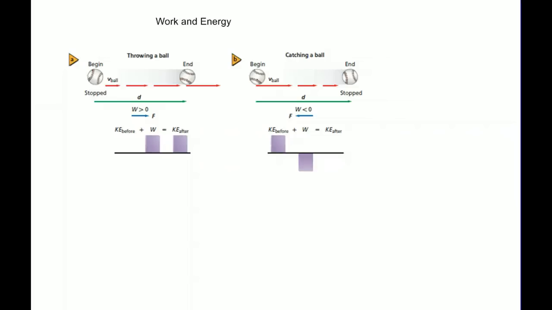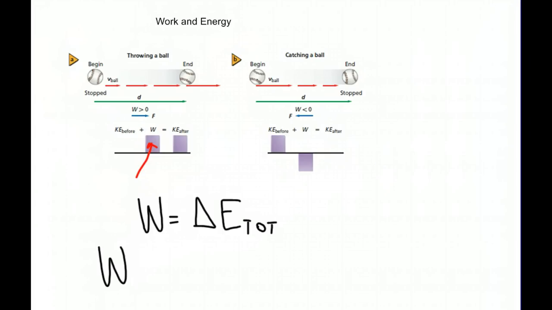So the amount of work done is equal to the change in energy. The amount of work done is exactly equal to the change in energy. So work done is equal to the change in total energy. So if my change in energy is just in kinetic, then we have the work done for kinetic equal to my change in kinetic energy.